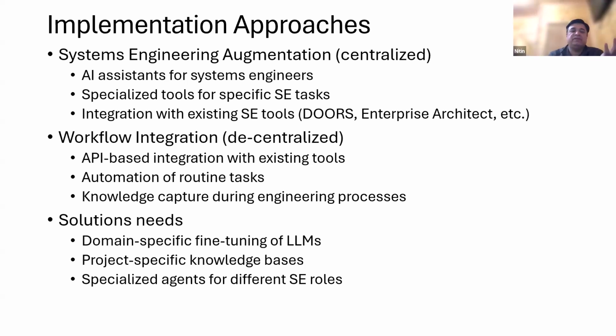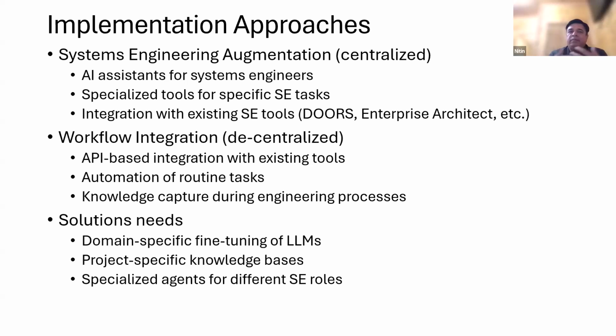The other aspect is a decentralized approach, where every team member is empowered to use the workflows and integrate Gen AI in them. For example, if we take requirements again, a person is working on requirements and pushes them through review. The Gen AI will take them as input and provide its intended output to the team member.